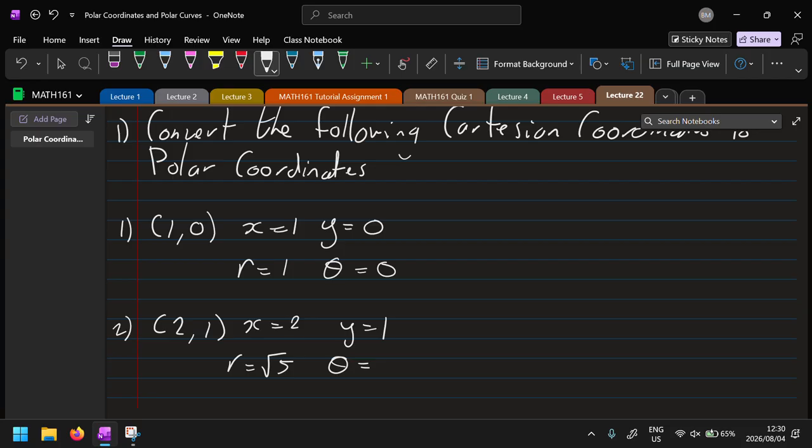And theta, 0.46. Please remember radians. Very easy. You just put it in your calculator, you get your answer. So if there's decimals and stuff, 2 decimal places is fine. Okay, you know that.